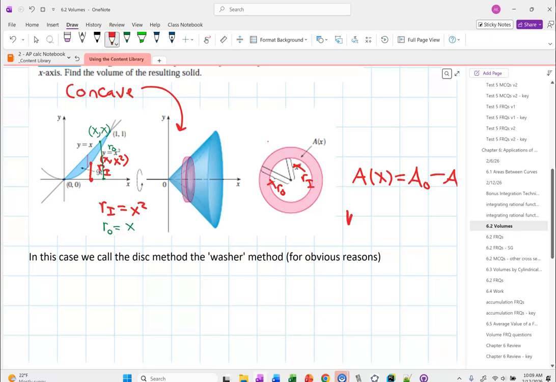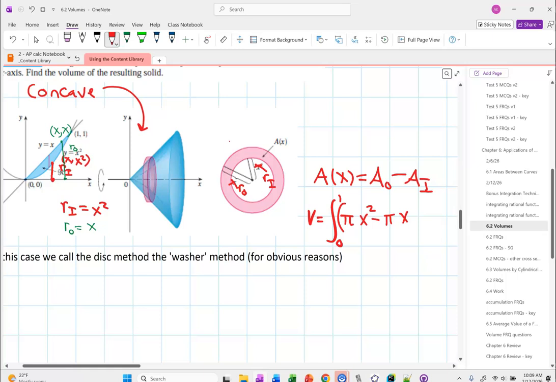So my volume is going to be the integral from 0 to 1 of pi times R outer squared minus pi times R inner squared dx. Then you just take the strip of that. Yep, we'll do some integration.